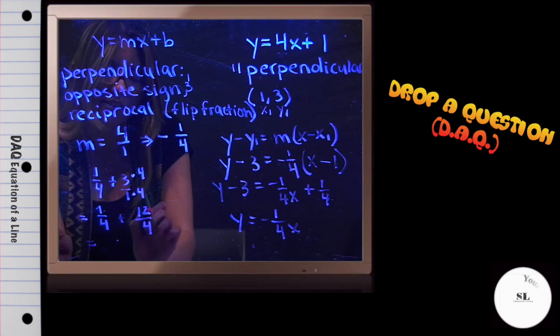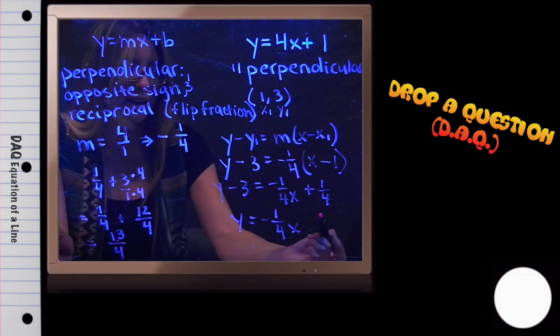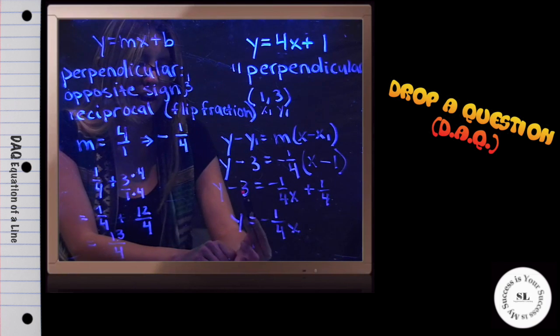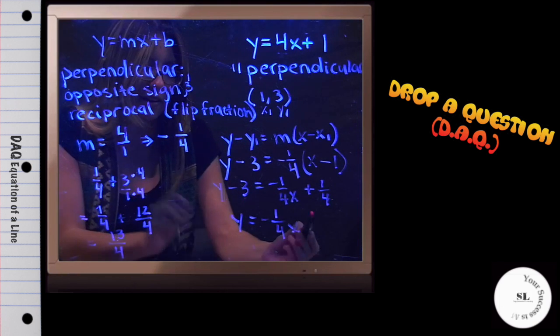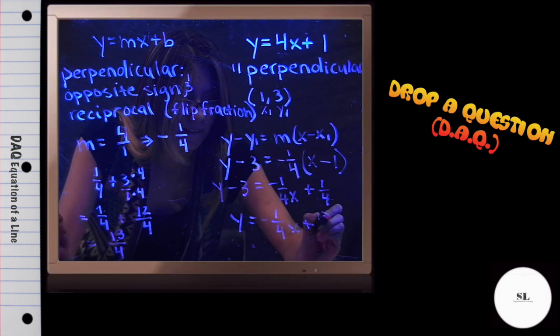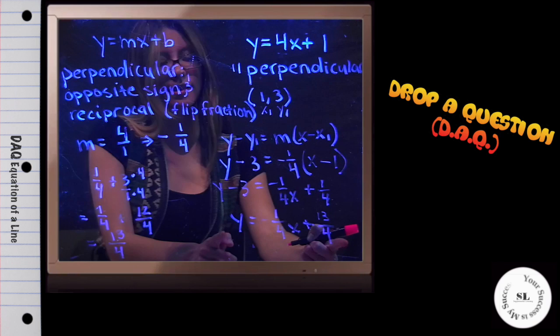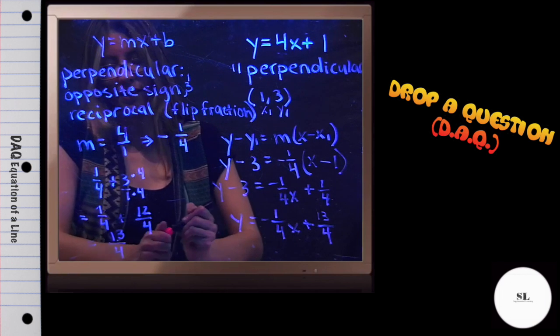So 1 plus 12 would be 13 over 4. And because that's the operation I had to do here, add 3 to this side, that's now going to be what's left on this side of the equation. Once you have y isolated like we do here, this is your equation of the line and the answer to the question.